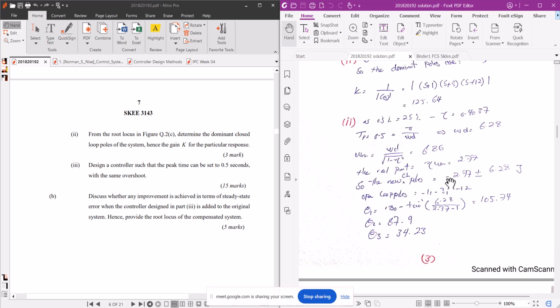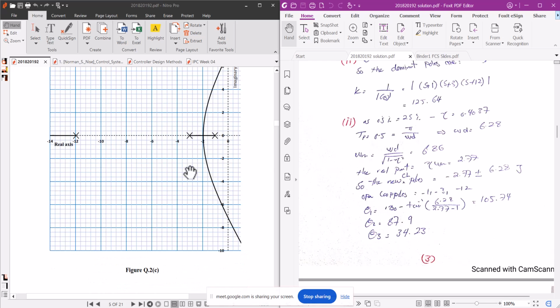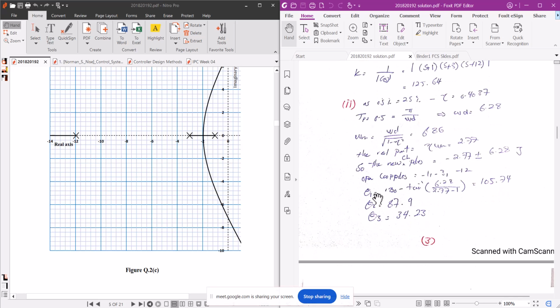This is your new dominant poles, minus 2.77 plus minus 6.28 j, and your open loop poles are minus 1, minus 3 and minus 12. Now how do we proceed? We have to calculate the angles theta 1, theta 2, theta 3. It's a standard procedure given in Norman S. Nise's book, and it's very well written there.